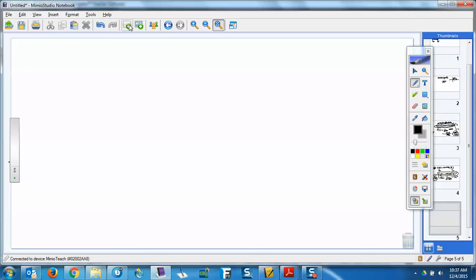Anybody? Number 4. What's number 4 say? T of u. T of u equals u over the square root of 1 plus u squared. Like that?